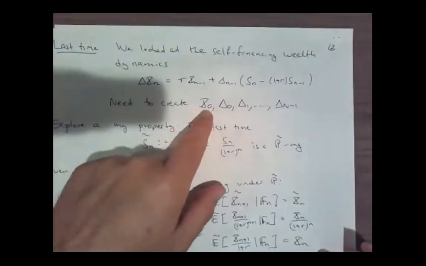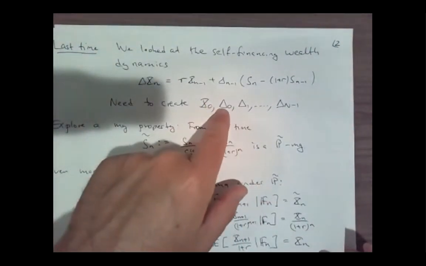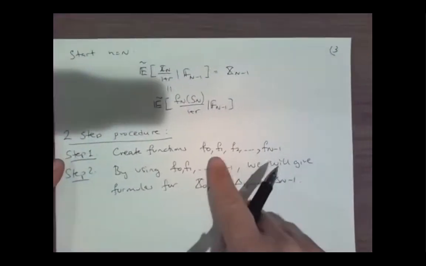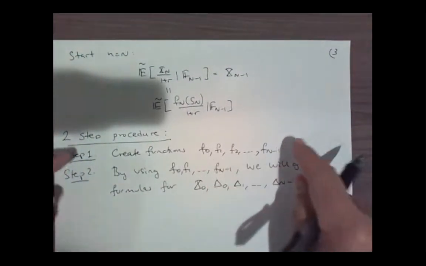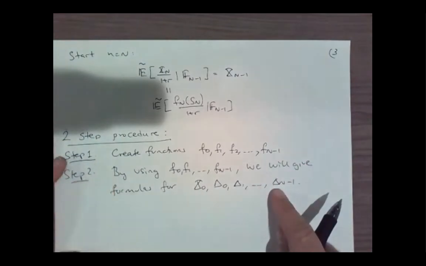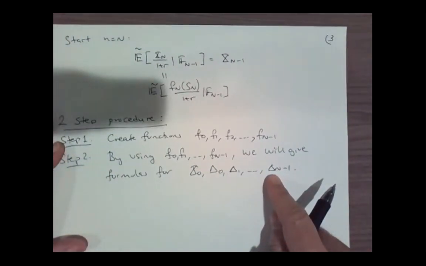So the goal was to create the initial wealth and then the trading strategy in the stock. We're going to create a bunch of functions, and then given these functions, we're going to give formulas for these quantities that we hunt.